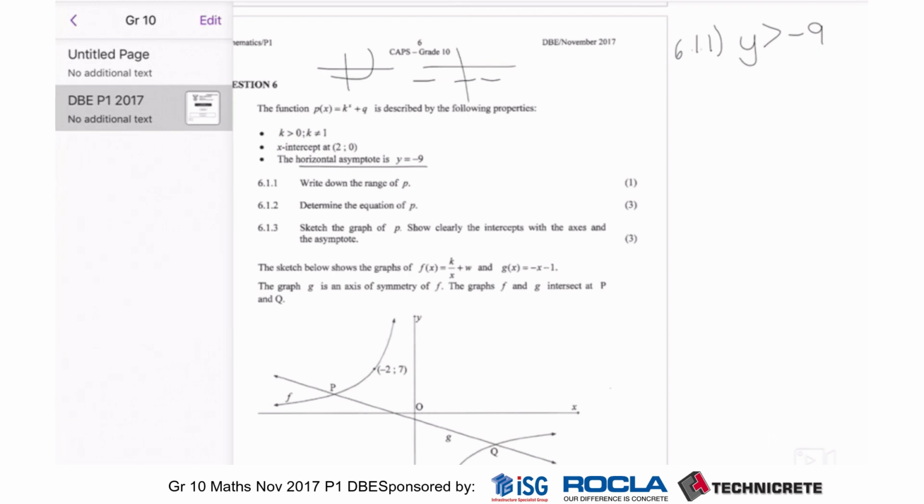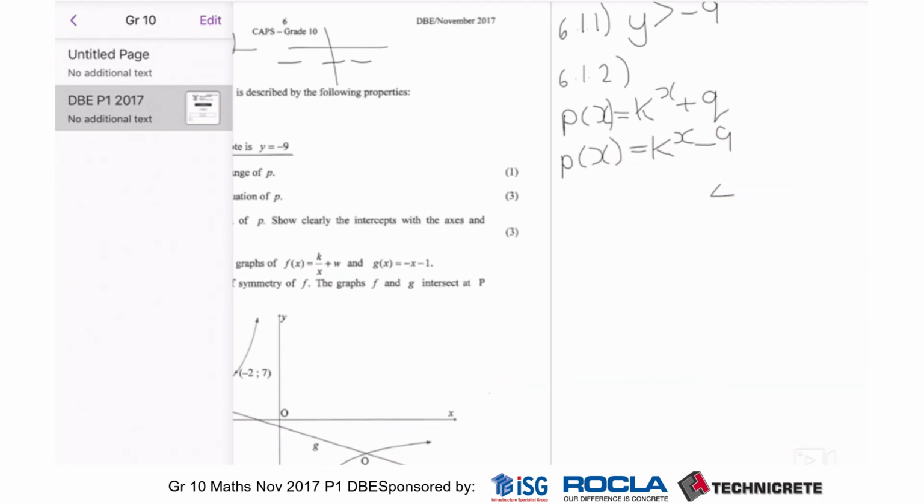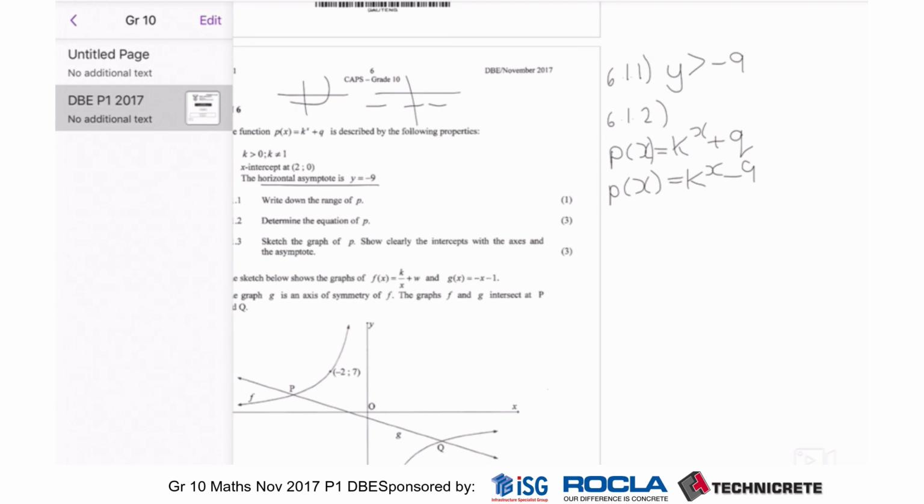Okay, write down the equation of p. Okay, so p of x is equal to k to the power x plus q. We know now what q is, because that's my restriction or my asymptote, which is -9. I can substitute because they give me the value of an x-intercept, so I'm going to substitute the x-intercept, which is 2, 0.